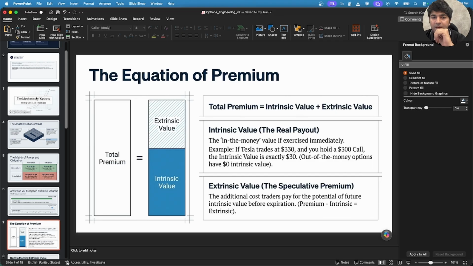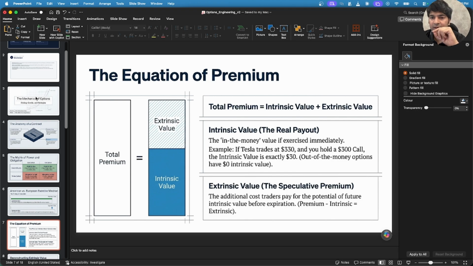Now the equation of premium. Premium usually consists of two things: the intrinsic value and the extrinsic value. Intrinsic value is the real payout, that is in the money if it is exercised immediately. For example, if Tesla is trading at $330 and you hold a $300 call, the intrinsic value of that call option is $30, and out-of-the-money options have zero intrinsic value.